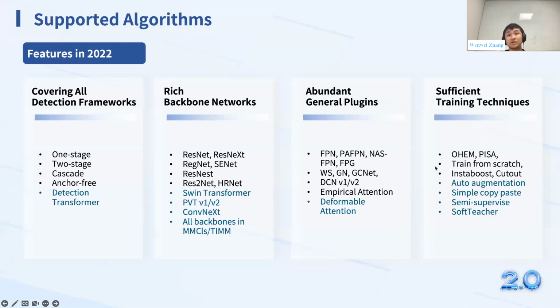In 2022, we also redesigned the detection transformer so that we could support more detection transformers in the future. And for backbone networks, now we support all the backbones implemented in MMClassification and TIMM. So basically, you could use all the backbones in these two projects in MMDetection for object detection tasks.